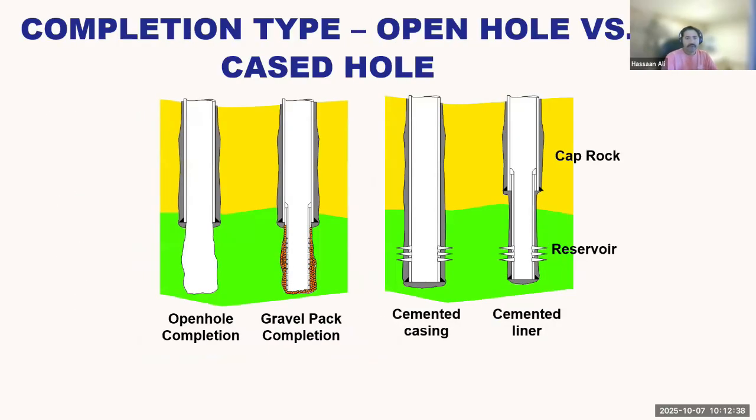There are primarily two types of completions. One which is right over here, which is called open hole completions, and on the right hand side, which are called cased hole completions. In barefoot or open hole completions, there is no downhole flow control or isolation.